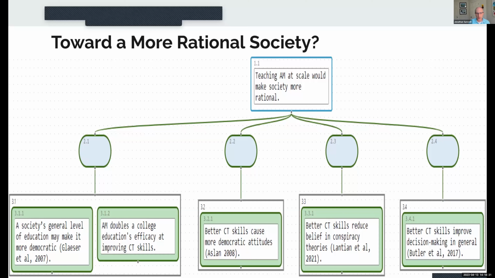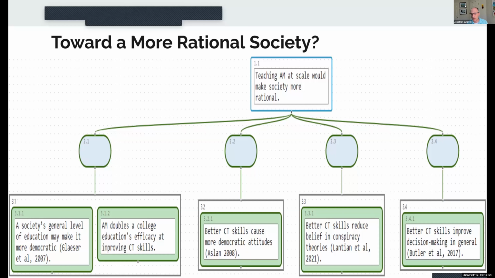Next argument, better critical thinking skills cause more democratic attitudes. Again, that's a hypothesis. The study I cite shows an association between critical thinking skills and democratic attitudes. Next argument, better critical thinking skills reduce belief in conspiracy theories. Again, a study showing an association.